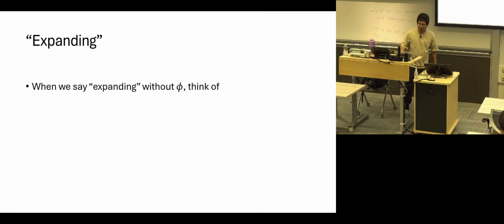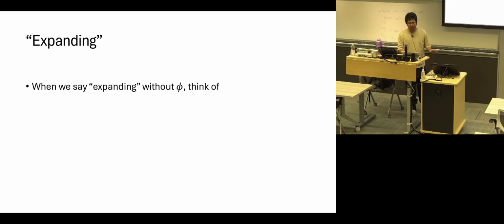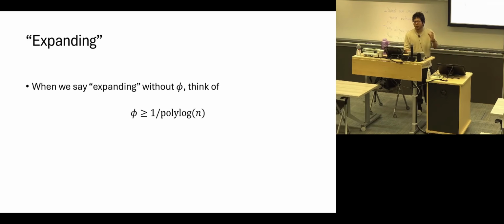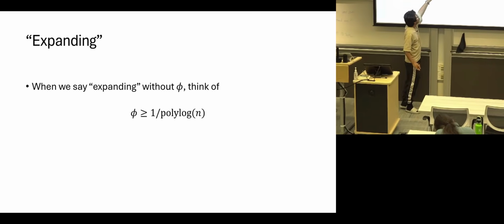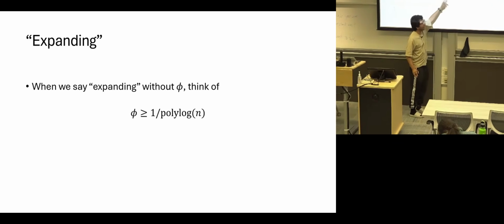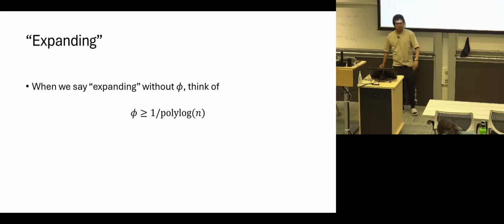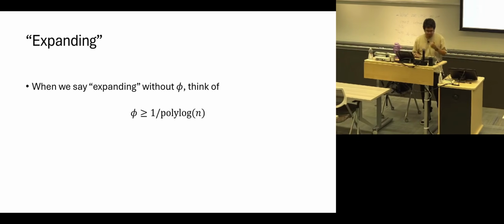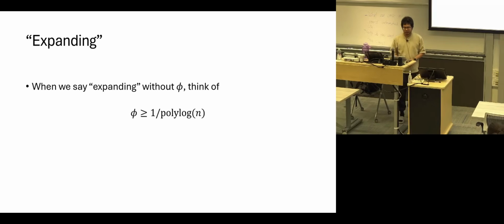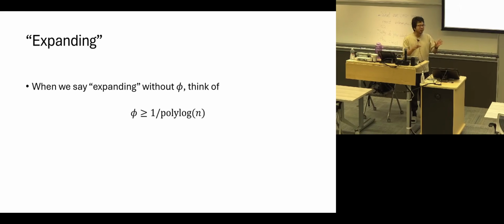So now, when I say expanding without phi, just so you know, I think of phi as something close to constant, but not quite. By close to constant, I mean phi is at least 1 over polylog n, where n is the number of nodes. That's what I think. So when I say something informal, I just say expanding. That's what I mean.